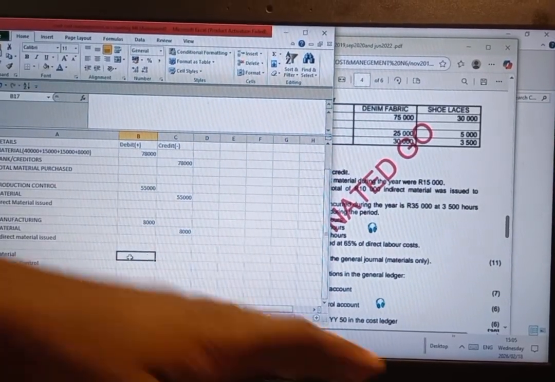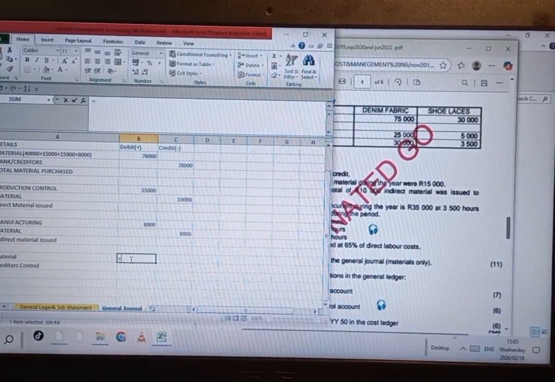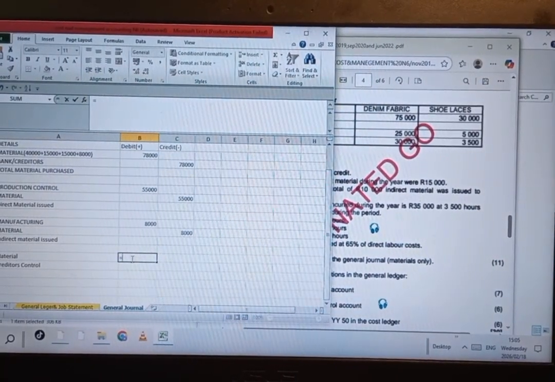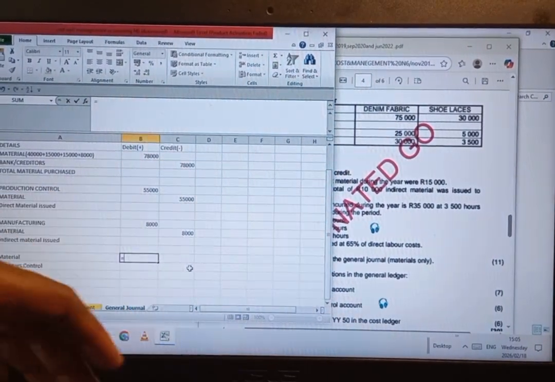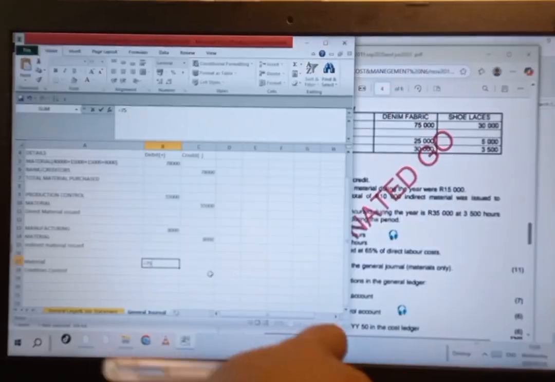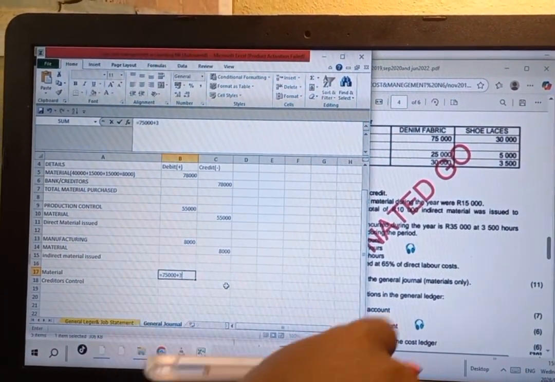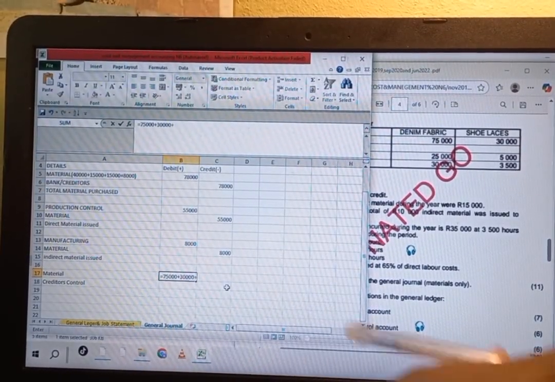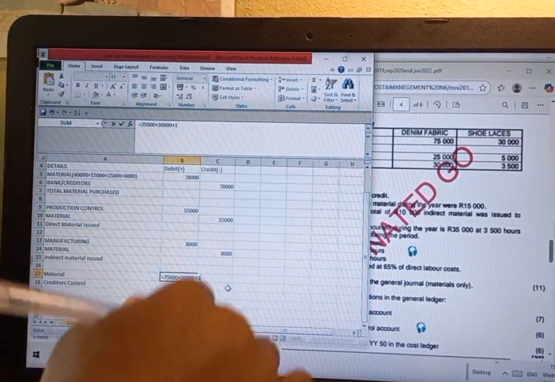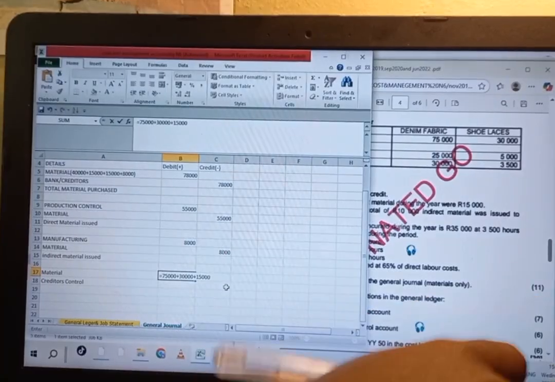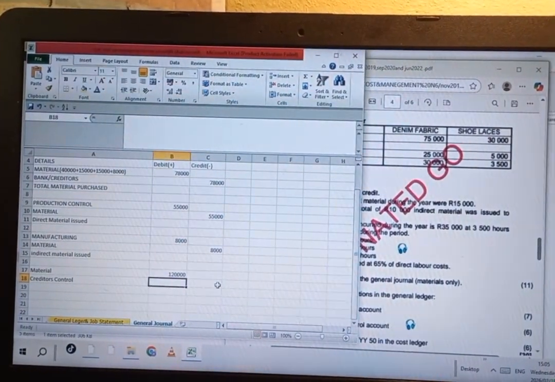You don't just give the total amount, because that's one mark. You need to show calculations also. 75,000 plus 30,000 plus 15,000 gives us 120,000.